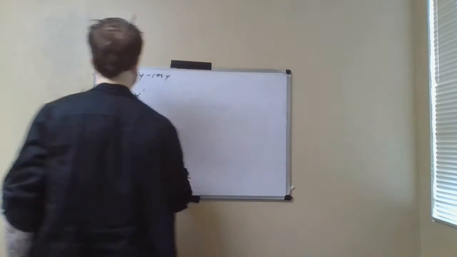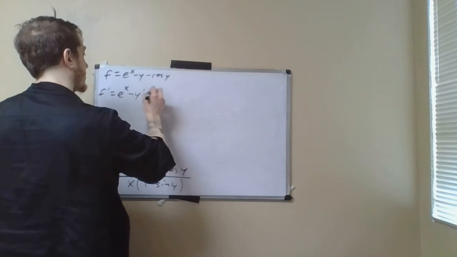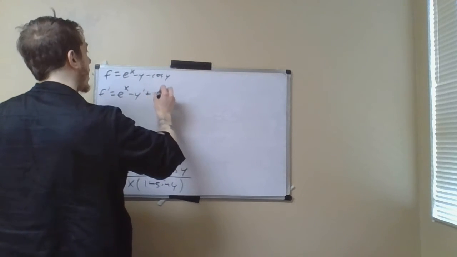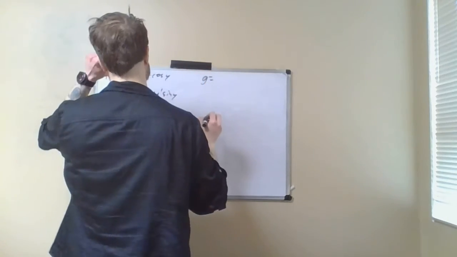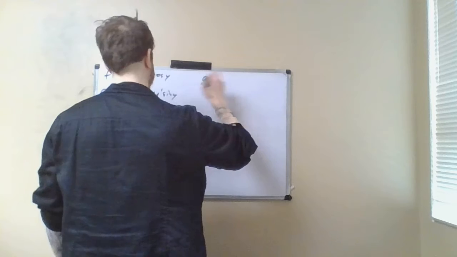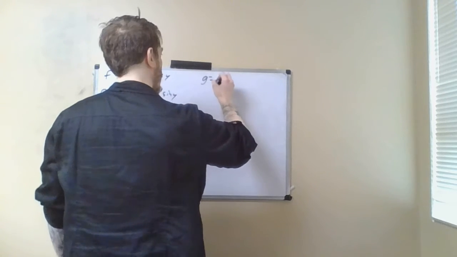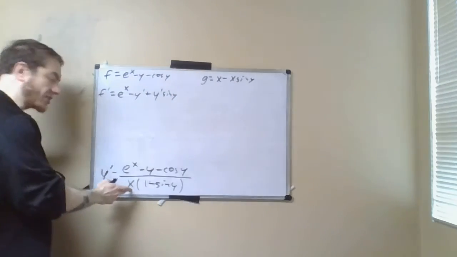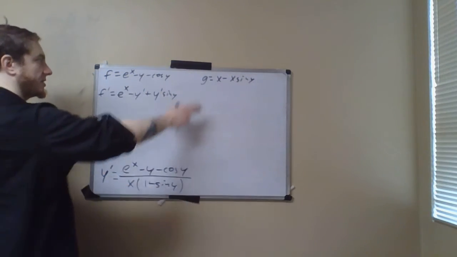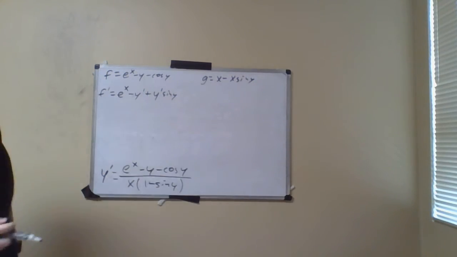And so then we're going to have plus y prime sine y. Then my g is going to be equal to, we may as well just write this as x minus x sine y. So you'll notice I factored an x here, but to take the derivative, I may as well unfactor it.